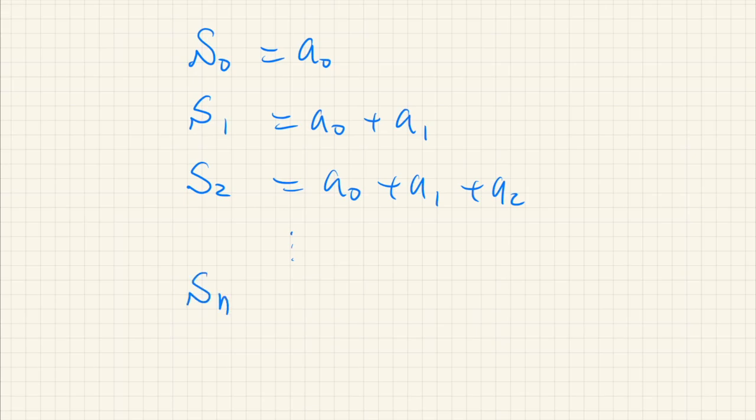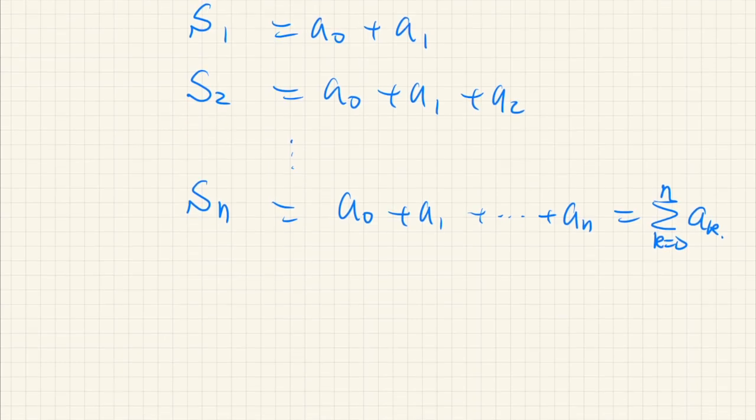And S_n is a_0 plus a_1 plus and so on up to a_n. So that is this sum, k from 0 to n of a_k. So in this way we can define a sequence of real numbers.